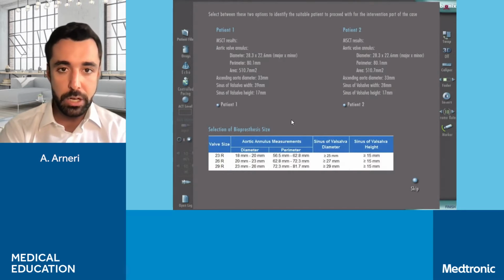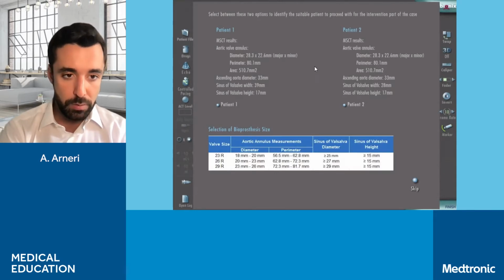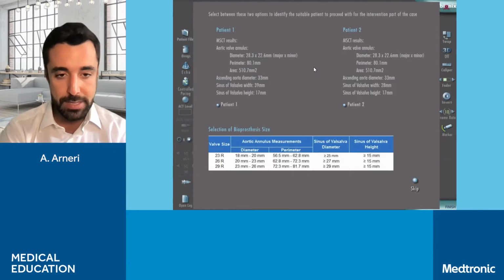So you see here, we have two patients on screen, patient 1 and patient 2. As you see, we are going to base our sizing on the perimeter of the patient. Both patients have an 80.1 millimeter perimeter. So you can see the sizing metrics below telling you that this patient is more for a 29 millimeter prosthesis.